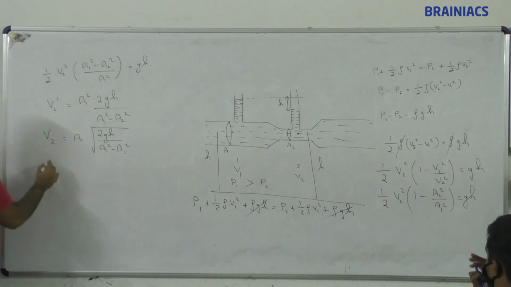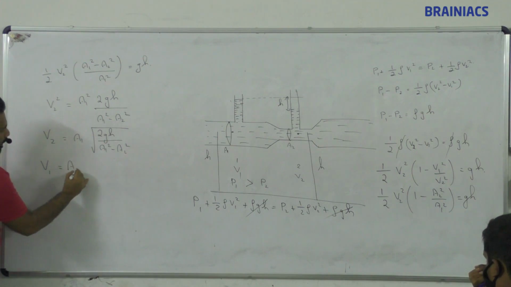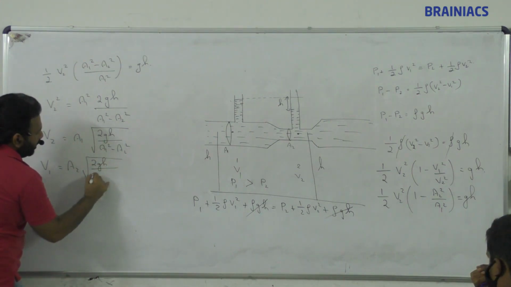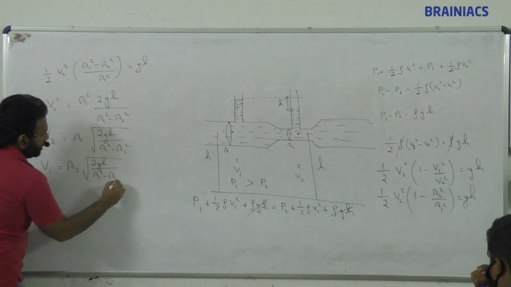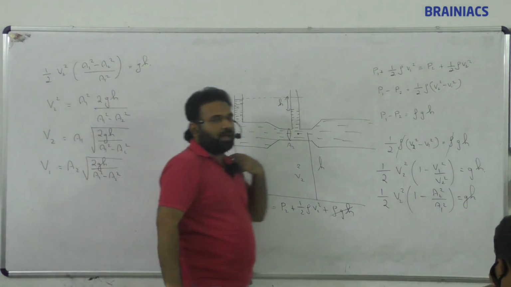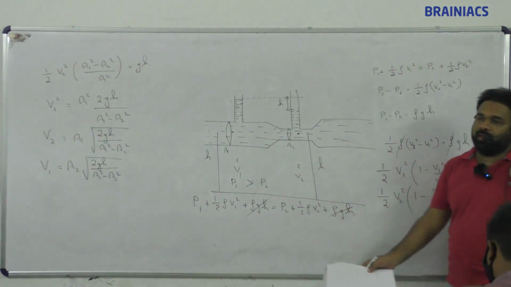Same way we will be able to say v1 is equal to a2 into root of 2gh divided by a1 square minus a2 square. So velocity of flow v1 and v2 we will be able to find like this.